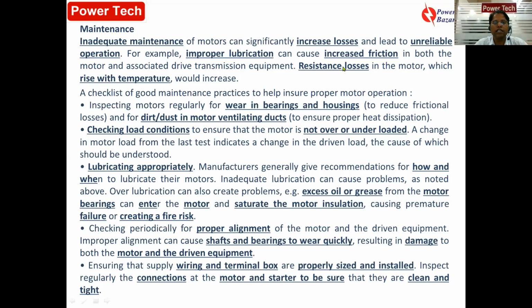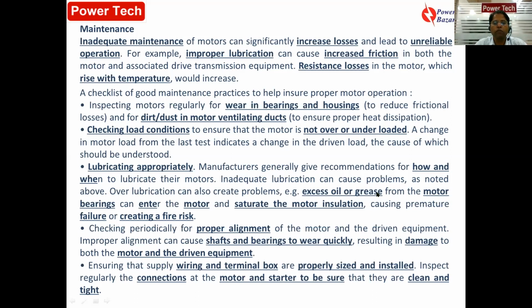Once resistance increases, then the I square R loss increases. So with rise in temperature, with improper lubrication, the motor becomes inefficient. Now, again, over lubrication is also a problem. It always leads to excess oil or grease.